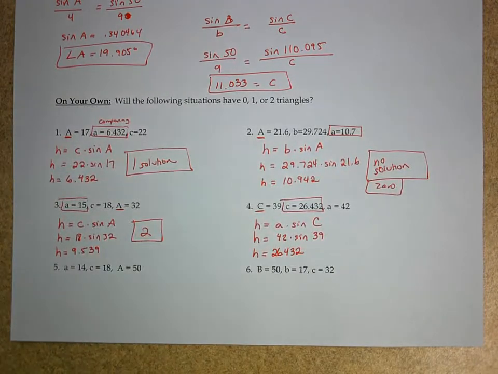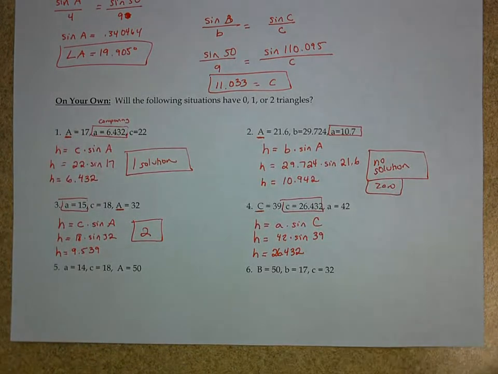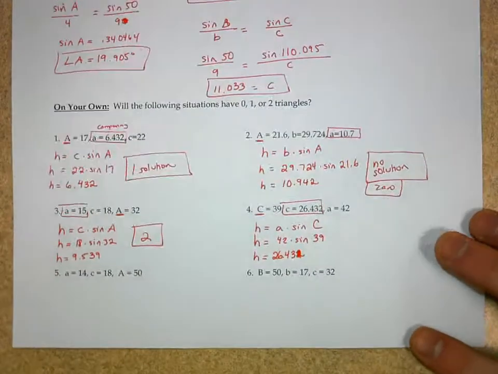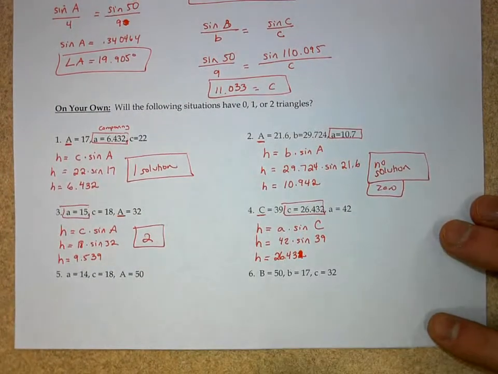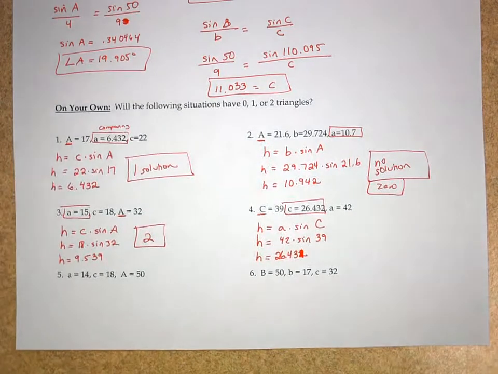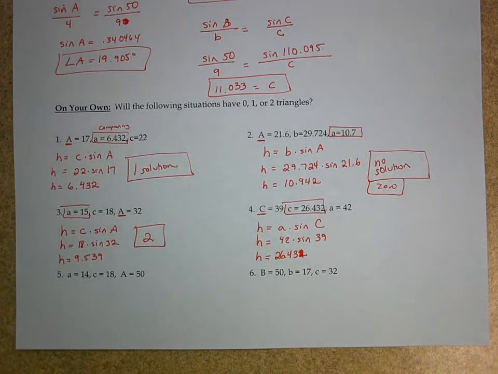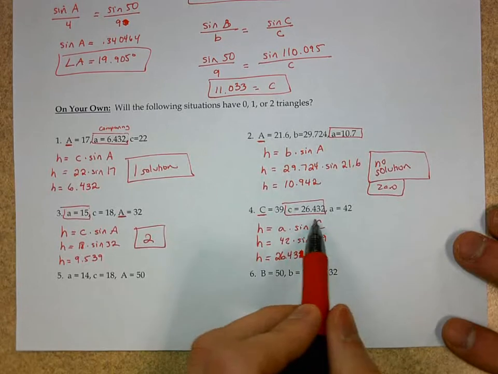If I look at that, I can say, you know what? It's either going to be 1 or 2 based off of how I look at it. This one actually, when I don't round, is actually 26.431. So since this is less than that C value, I actually have no solutions, because this is the height that I need for the triangle, and that's what I'm given.